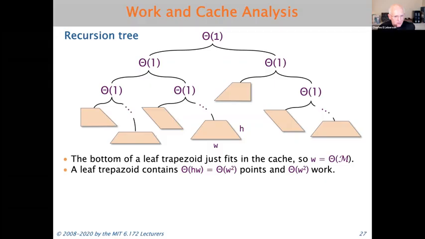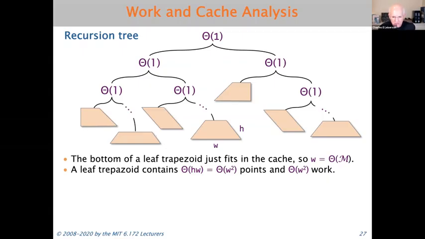Then the leaf trapezoid contains H, the number of iterations it has to do in time, and W is the length of the bottom that just fits into cache, which gives W squared points. The reason it's W squared is that the height of the leaf trapezoids is about the same size as the bottoms of the trapezoids, because we're always cutting the larger dimension of any of the internal node trapezoids.